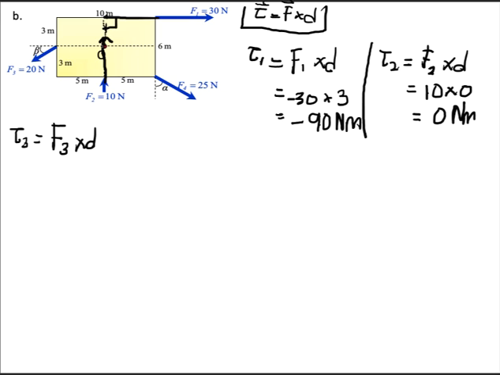I will make this line as D. So my D is 5 meter. D is the distance from the axis of rotation. If you look at force F3 here, F3 is not perpendicular to D.